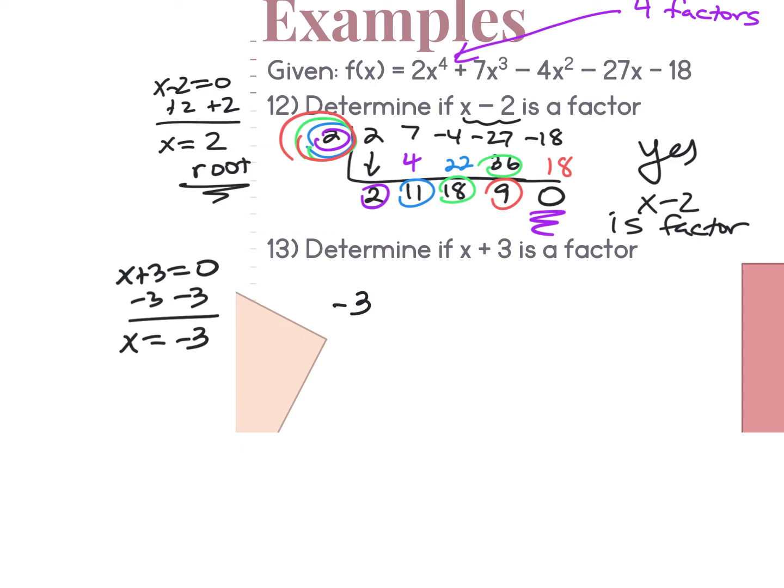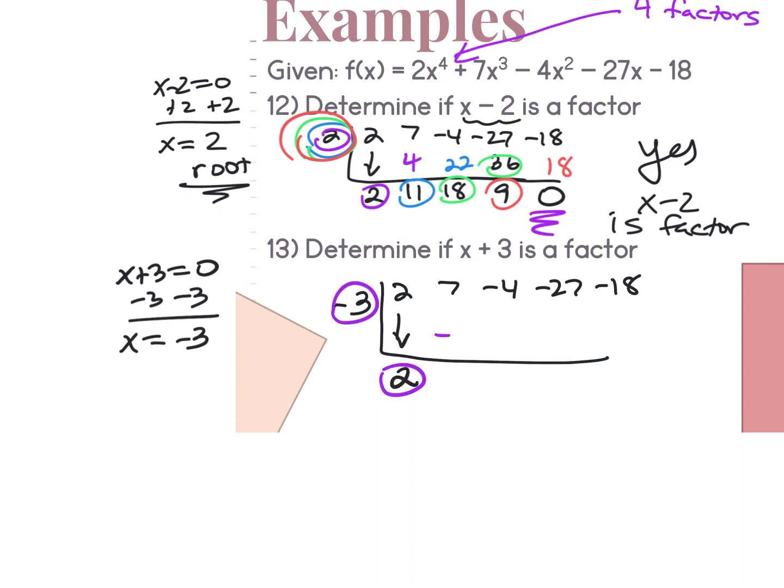So again, I'm using the same function. Same coefficients, 2, 7, -4, -27, -18. I'm going to bring down. I'm going to multiply. I get -6. I'm going to add the column. I'm going to multiply. I'm going to add the column.